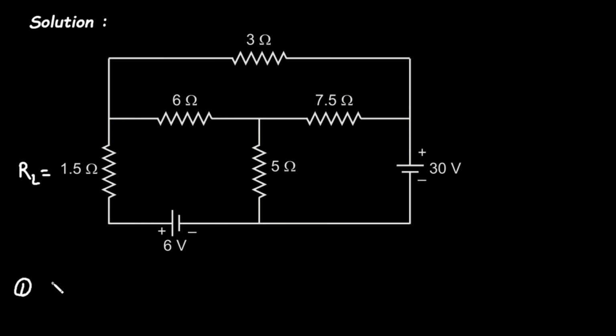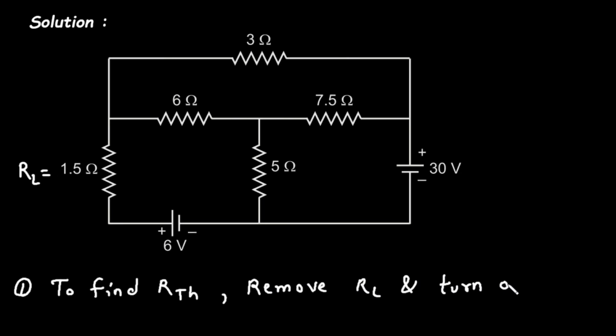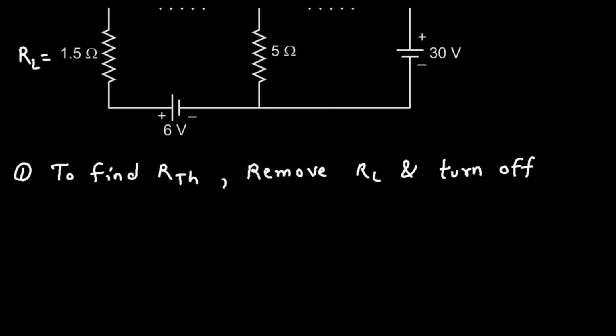Step number 1 is to find RTH. To find RTH, what we have to do? We have to remove RL and turn off all independent sources.